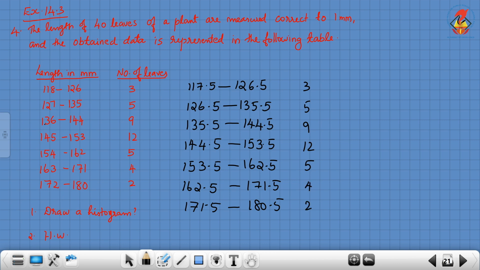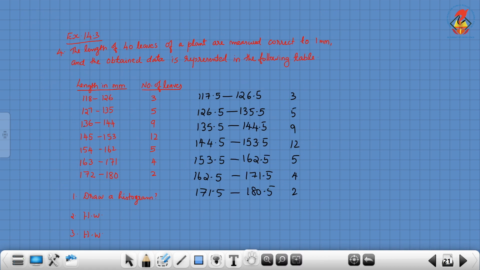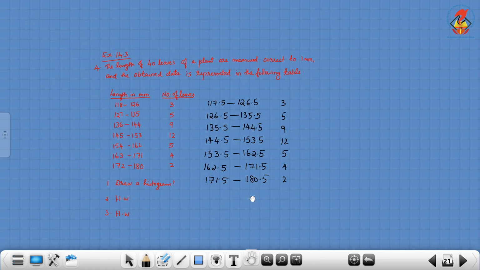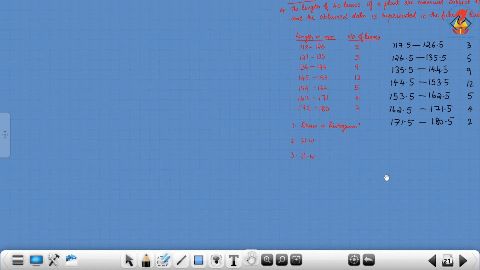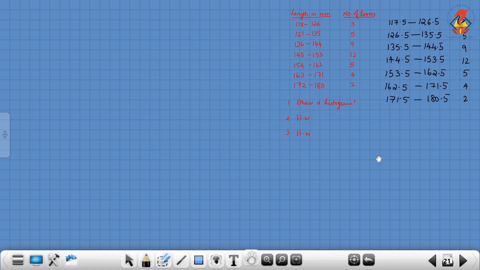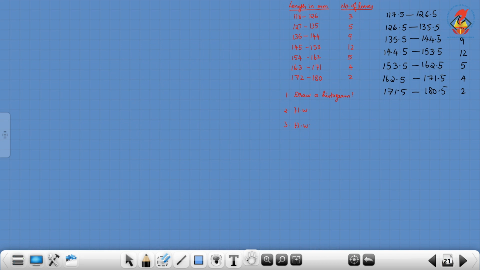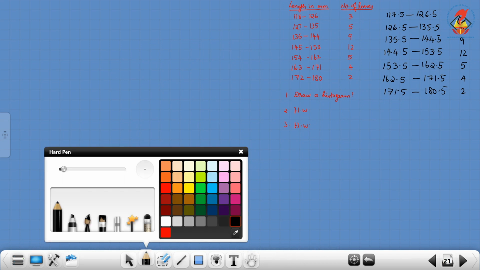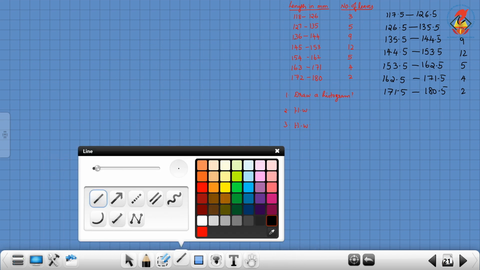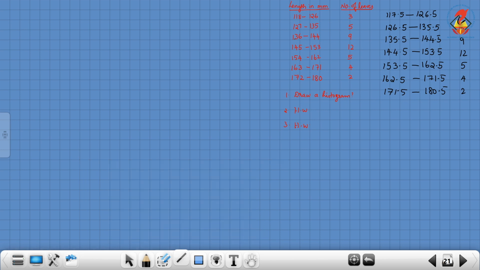How can you draw the histogram? Same thing, first draw the x-axis and y-axis.